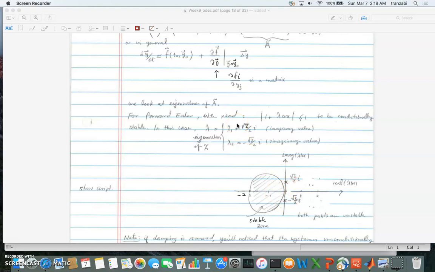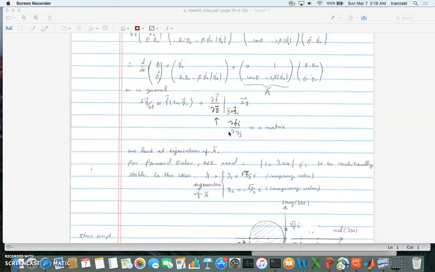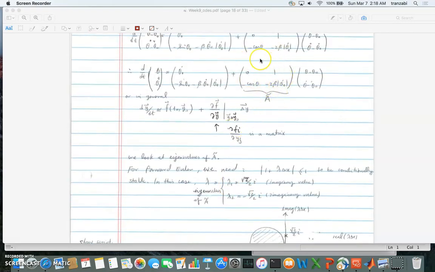And so for the imaginary part, we have plus minus square root of 2 divided by 2. So the 2 points on the y-axis. By the way, this lambda 1, lambda 2, these are the eigenvalues of the matrix, and they're actually the lambda times the x, not really the lambda.